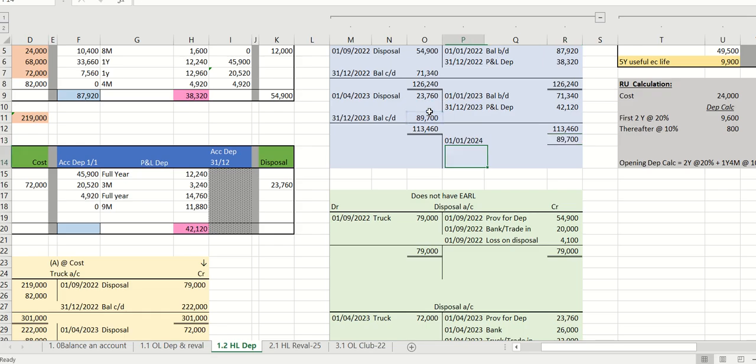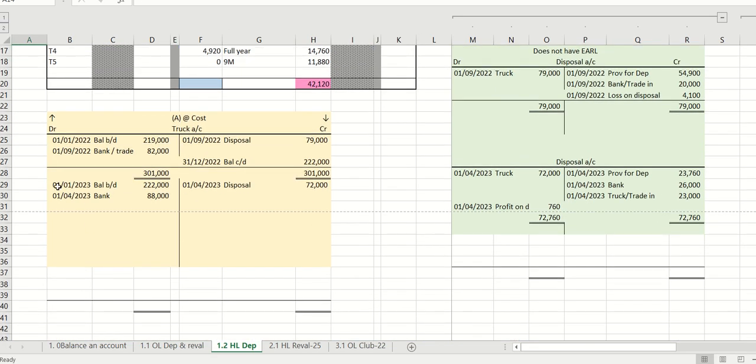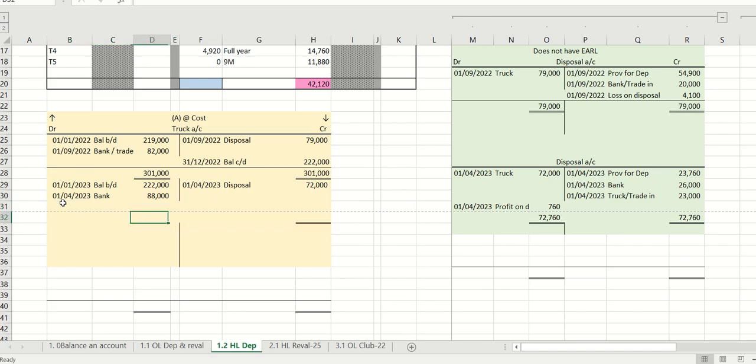Lovely. And we're going to do the same with our truck account. So balancing our truck account. I'm just going to take this on here. It's going to be faster for me. So balancing our account.